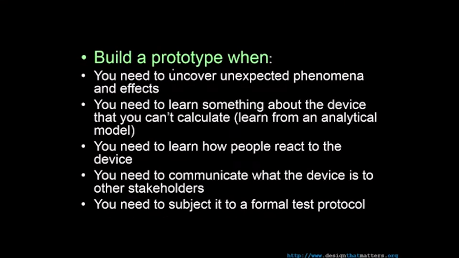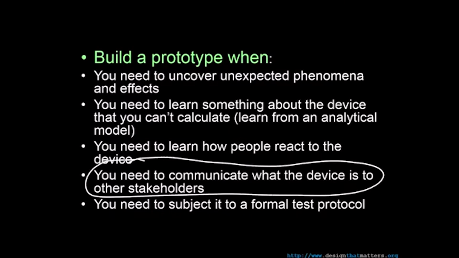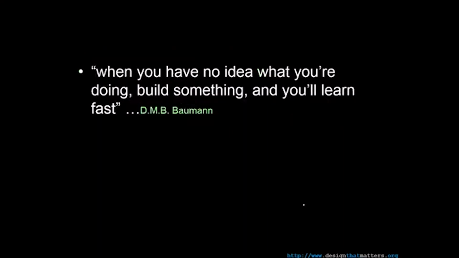You need to build a prototype, you need to uncover all these things, something you cannot calculate, learn from analytical, how people react to the device and so on. Now, at this point, this is where I kept telling you where our simple CAD modeling will help. I will just make a simple cardboard model, and all it needs is, I am sure, after a good night's lack of sleep, you can come out with multiple things. If you sleep, you are likely to forget. Just stay awake and make 2 different models, and I am sure you will be able to make things.